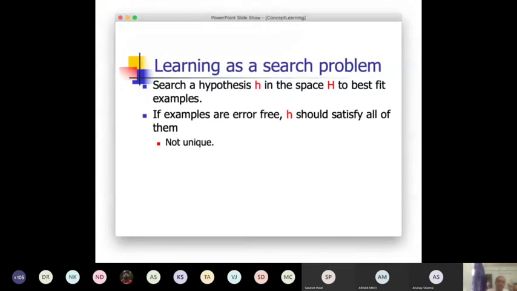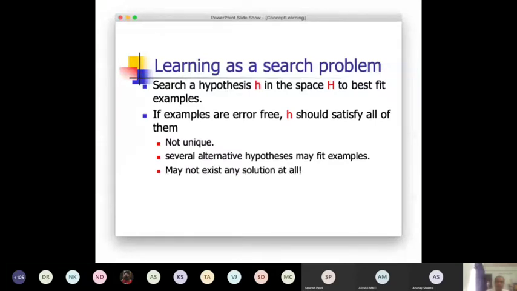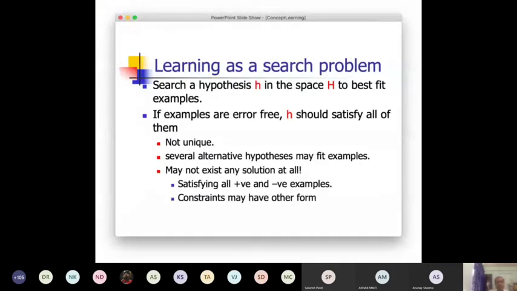Now naturally it is not unique, as I mentioned earlier. Not unique means several alternative hypotheses may fit the examples. It may also be that no solution exists at all, that means it could be null. If there are contradictions within the training examples, you will get an empty space.